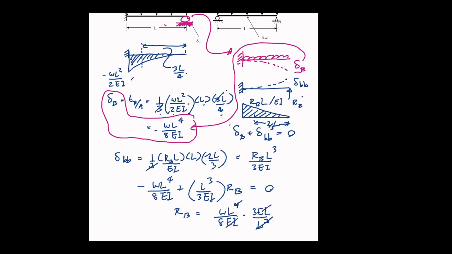So the answer is 3WL over 8. So you see, it's no longer half-half like a simple beam, right? So for anyone who doesn't do this and says, oh, the reactions must be equal, this is completely wrong.